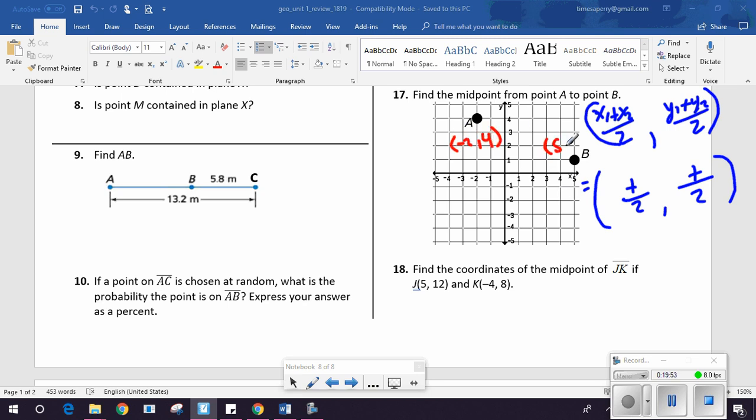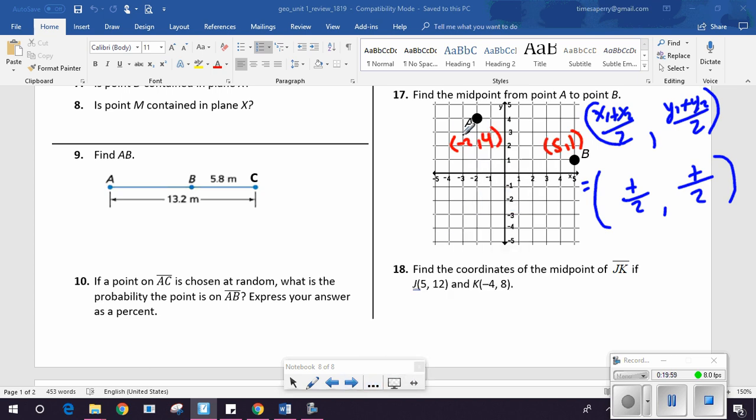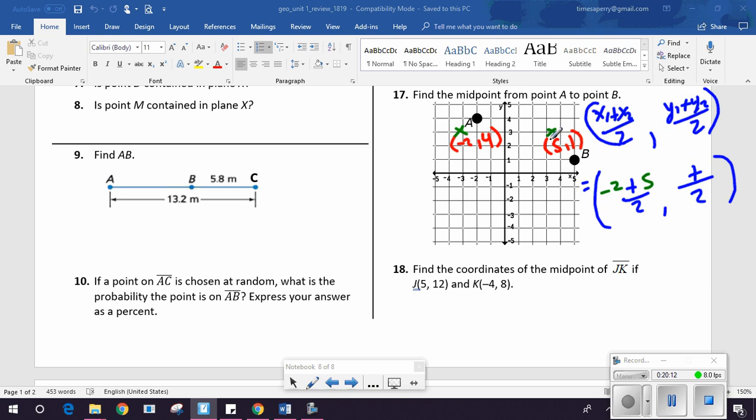Point B is 5, 1. So our x's are -2 and 5. Our y's are 4 and 1. Order does not matter.